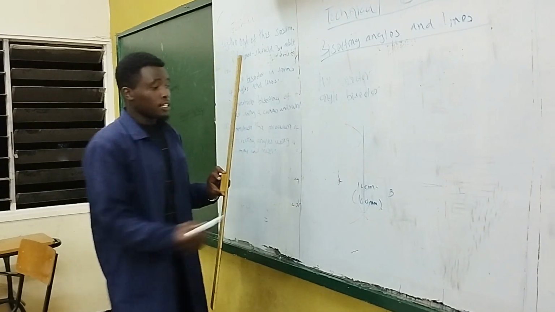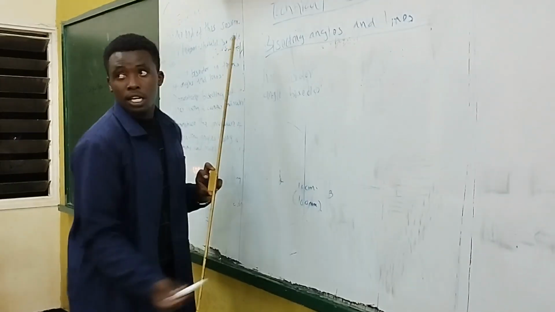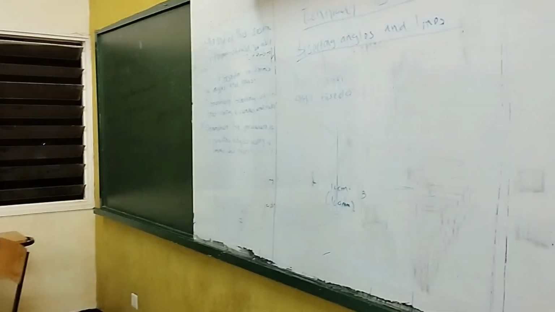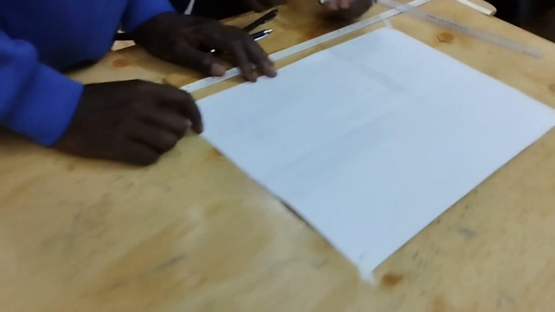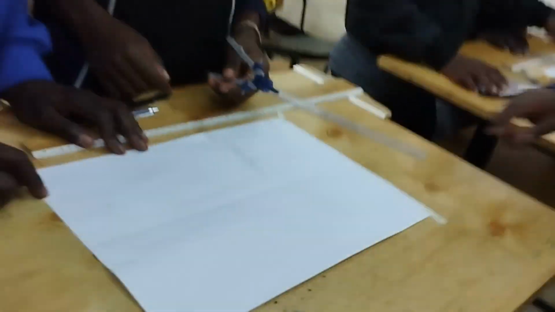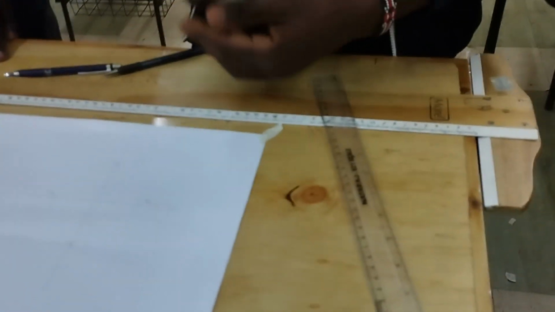So you can see this portion here is equal to this portion here. This one is 5 centimeters, this one is 5 centimeters. Let me see what you have done. This is very nice. Now write the dimensions here in centimeters or millimeters.